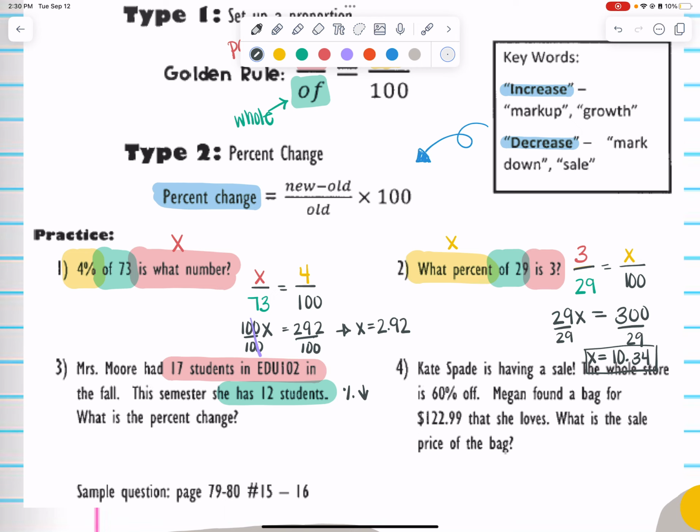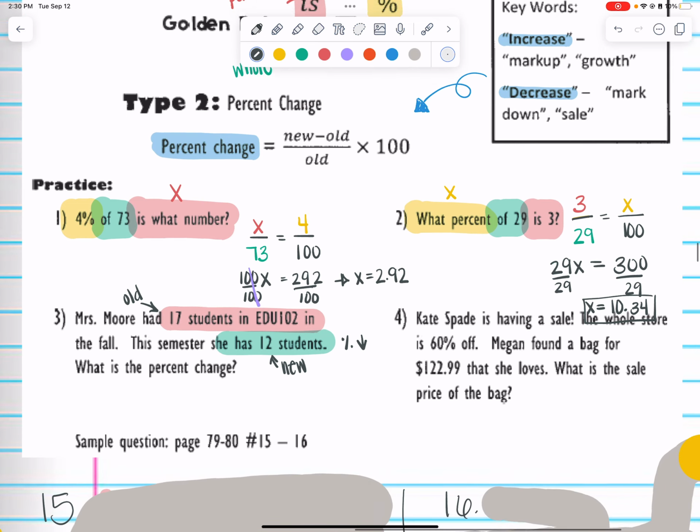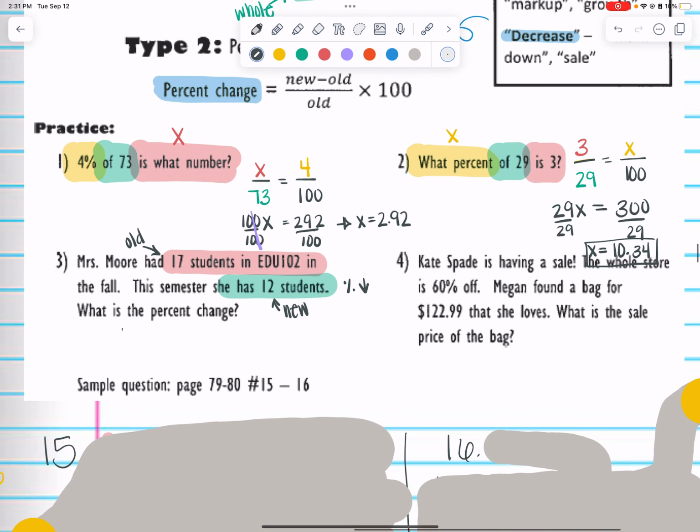This semester she has 12, so this is going to be the new. This one's going to be old. And so my formula, percent change equals new minus old, new minus old is going to be 12 minus old over the old, 17, times 100.